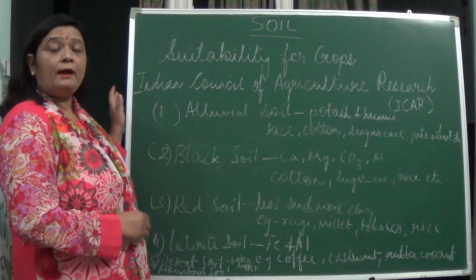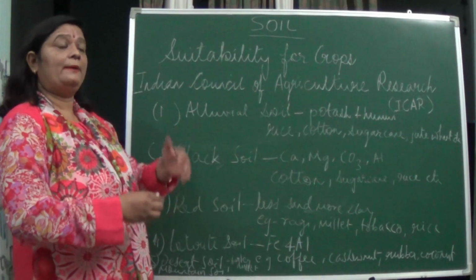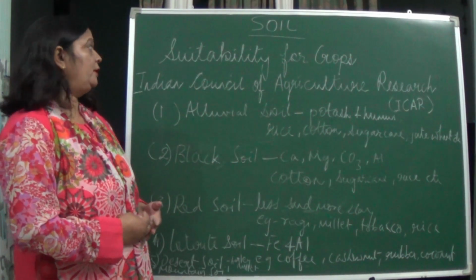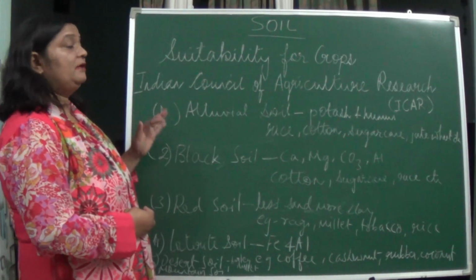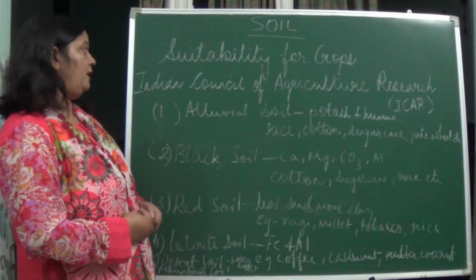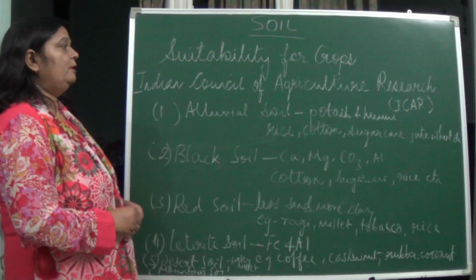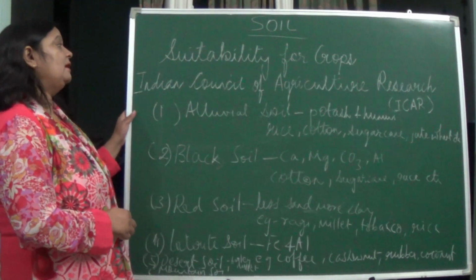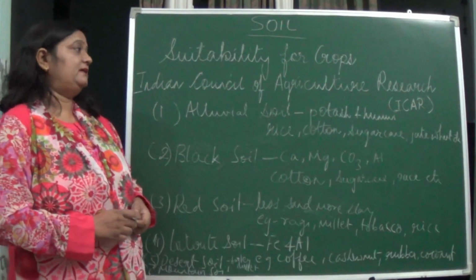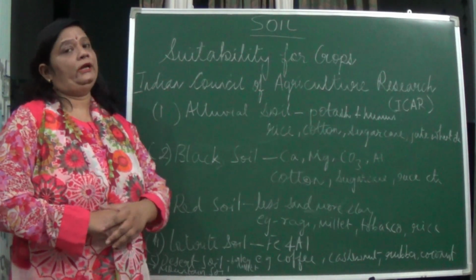So we have studied the different types of soil according to the capacity of absorption of water. Now we will be studying the different types of soil according to suitability for the crops. Actually, in India, different types of soils are found, and according to the Indian Council of Agricultural Research, that is ICAR, they have listed different types of soil in India.